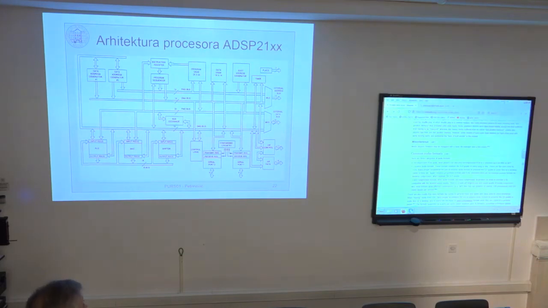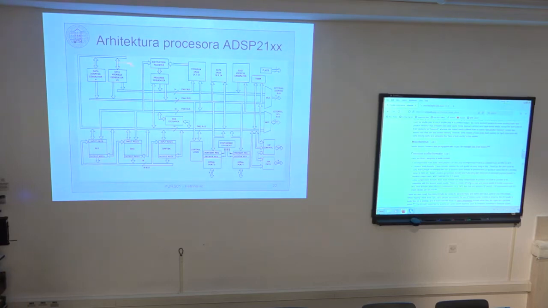Later on, it was extended for the more modern versions of the same architecture, and this data memory was then maybe 4 kilobytes or 8 kilobytes, something like that. And the program memory for the first version was only 2 kilo instructions, so 2 kilo times 24 bits. But nevertheless, the address bus was 14 bits. So hypothetically, it could address 16,000 locations in the program memory as well as in data memory.